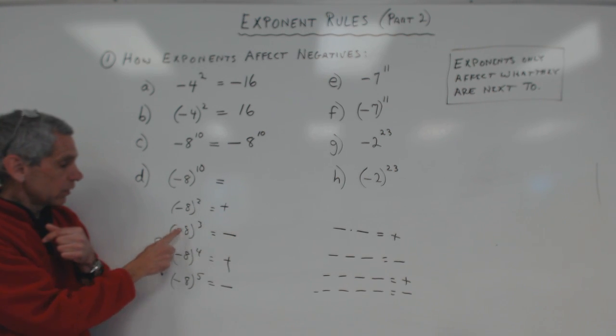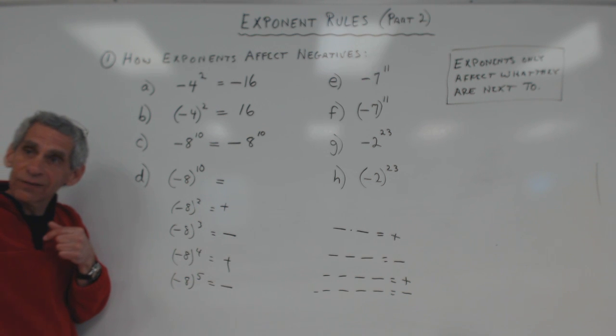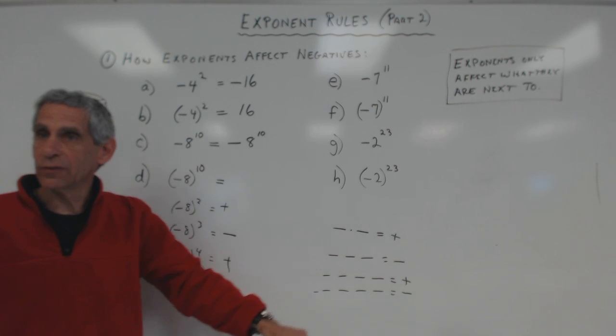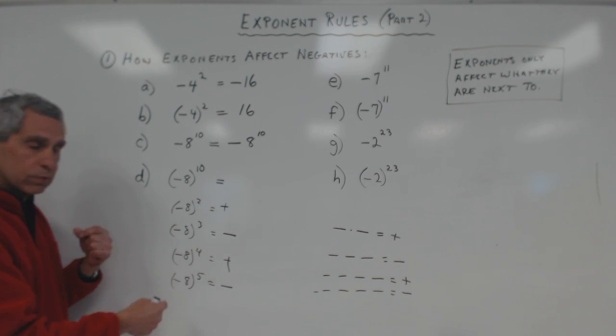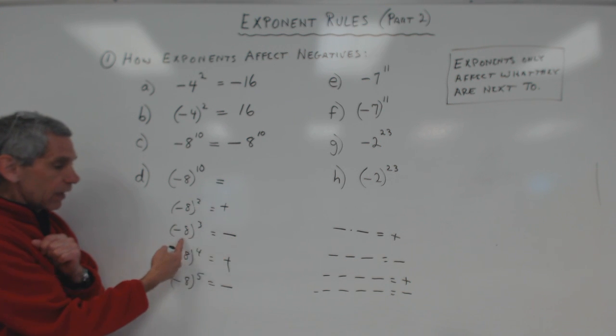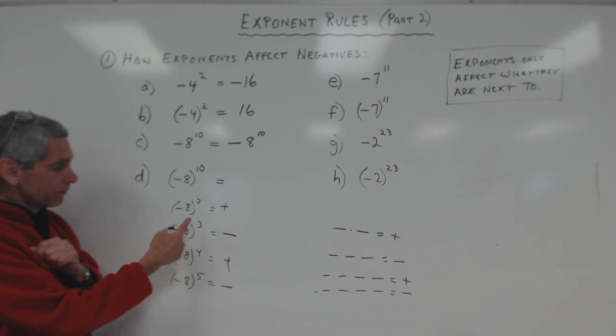When you cube it, a negative times a negative times a negative, that's an odd number, so it's going to be a negative. You see what I'm saying? So you can see how exponents are going to affect it, and that way we immediately know that the answer is going to be positive or negative.